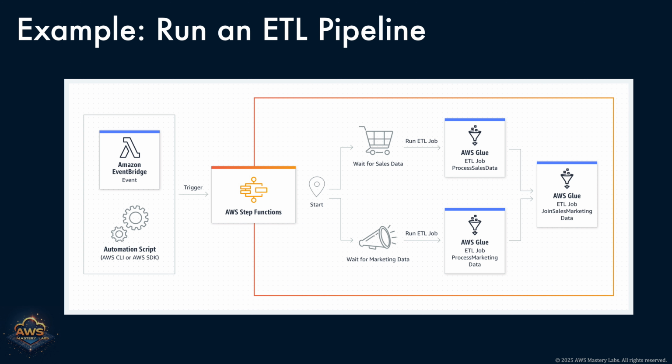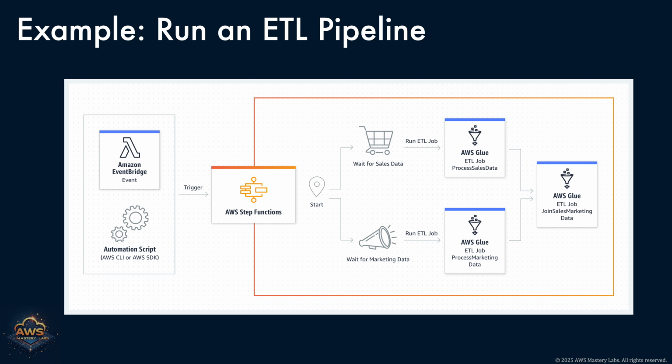Instead, it listens for specific events. Thanks to Amazon EventBridge, we can watch for file uploads to an Amazon S3 bucket. When the sales or marketing dataset is uploaded, the corresponding job, process sales data or process marketing data, is triggered automatically. Step Functions orchestrates this seamlessly, waiting for dependencies to complete, handling retries if needed, and ensuring that each stage of the pipeline progresses only when it should.